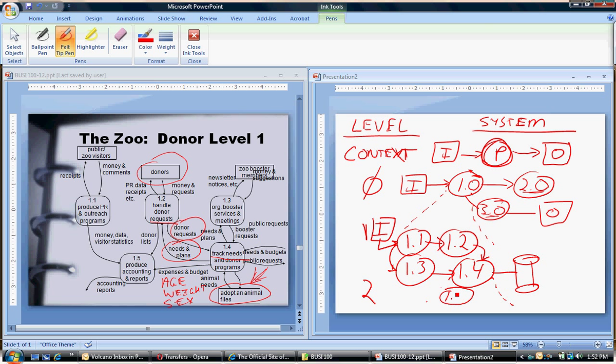And in this case, I'm going to have a 1.4.1 and a 1.4.2, etc. And the idea here is that as I go into more and more detail, level 2, level 3, etc., I end up using this extended dot notation to represent each level. This helps the MIS or computer science person understand the level of detail. So I'm having more detail as I go lower and lower into the diagramming.